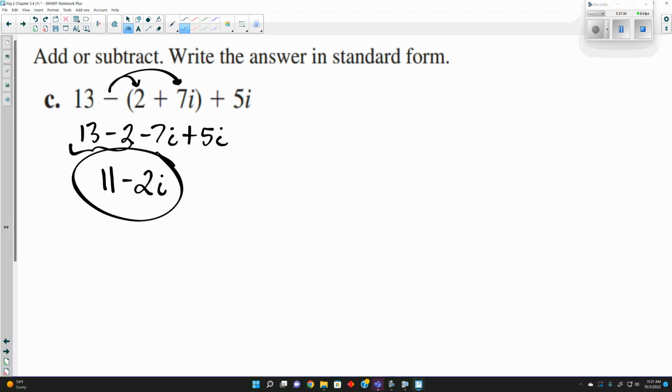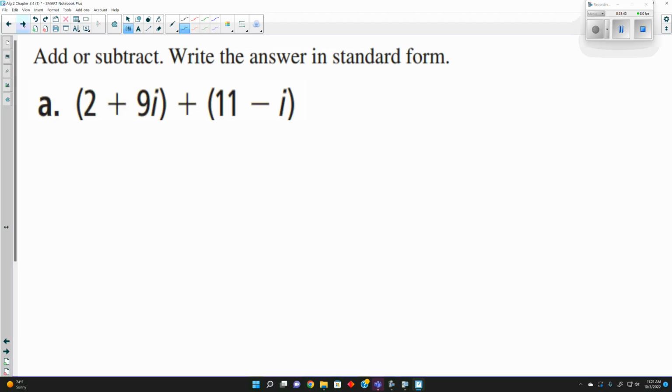Questions on this here? Do we need to see another example of addition or subtraction? We feel good with these here?